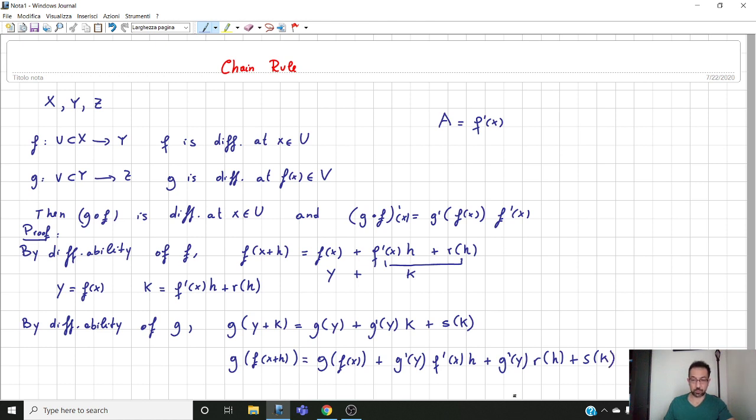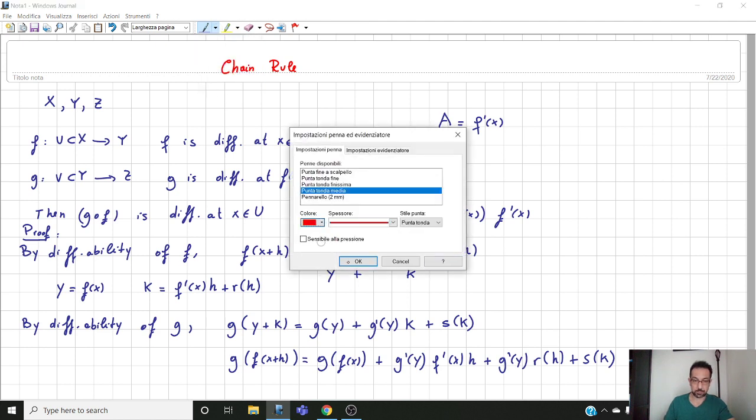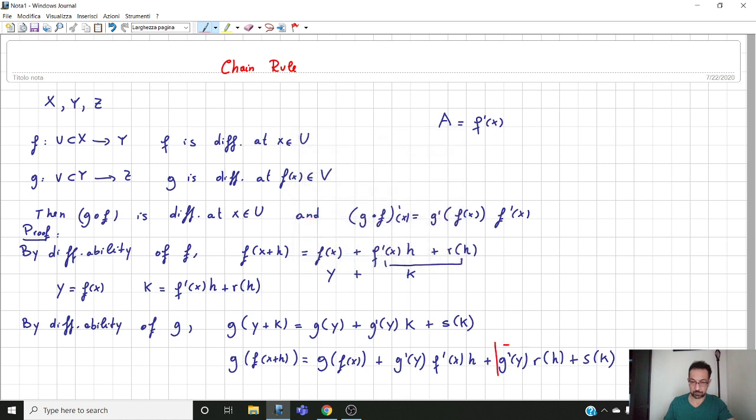Alright, so at this point I'm going to rename this last piece on the right hand side, all of this, as t of h. So t is a function of h. And in order to prove this theorem, the only thing we need to do is prove that the limit for h that goes to 0 of the norm of t of h divided by the norm of h must be equal to 0.